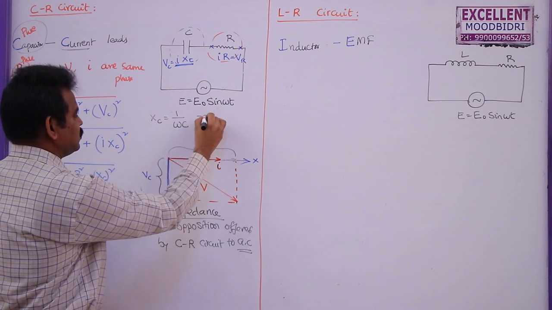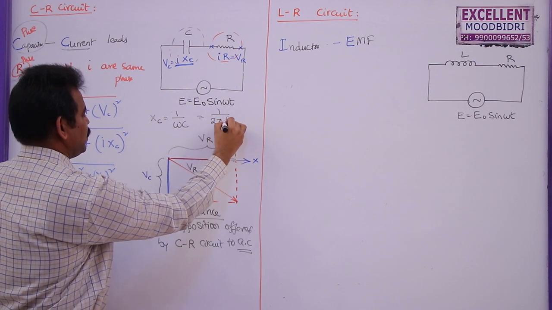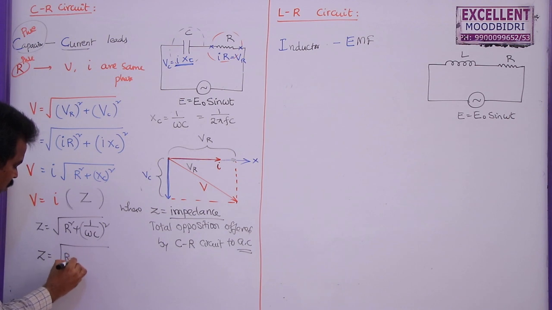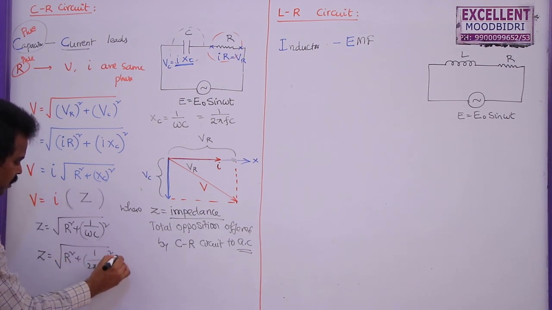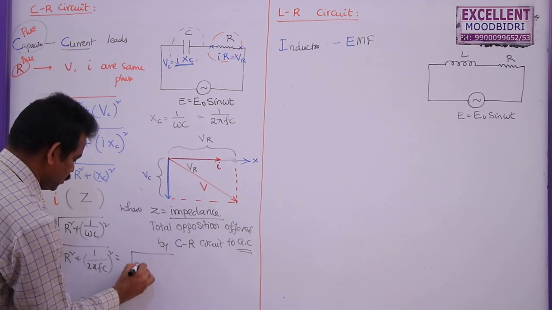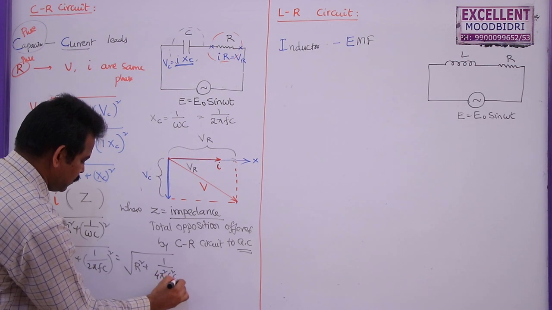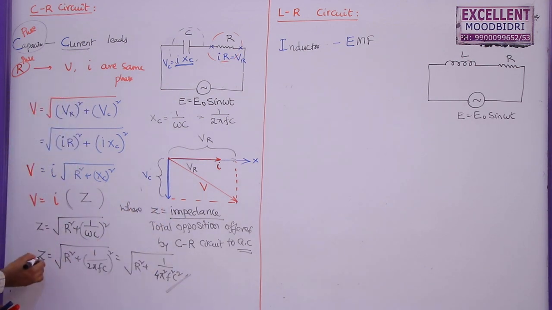And once again this can also be written as 1 by 2 pi FC. Therefore Z can be written as root over R square plus 1 by 2 pi FC whole square, which can be written as root over R square plus 1 by 4 pi square F square C square. This is the impedance of this CR circuit.